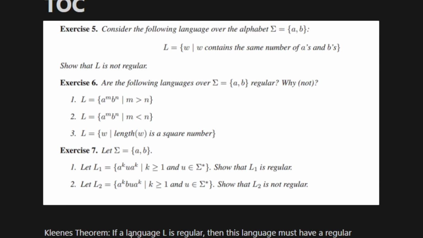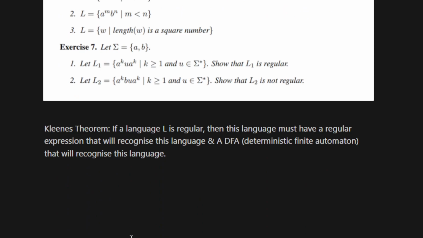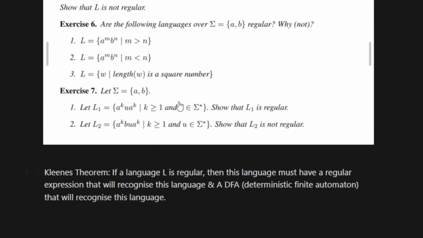So Kleene's theorem tells us what happens if we have a regular language, which is, like we've just said, a regex or a regular expression or a DFA. Now, the main thing we want when considering whether a language is regular or not is to use Kleene's theorem.